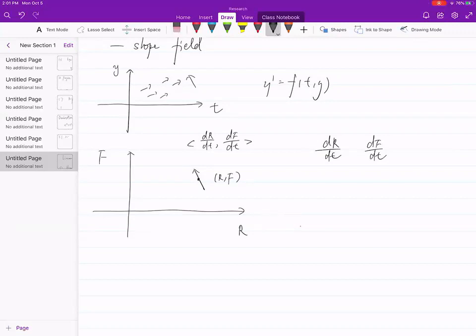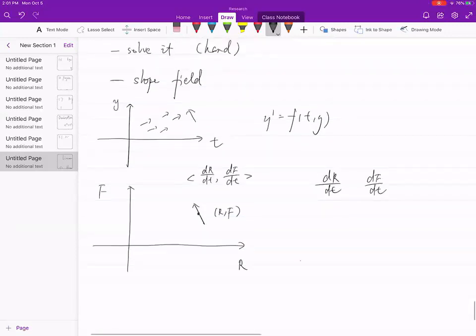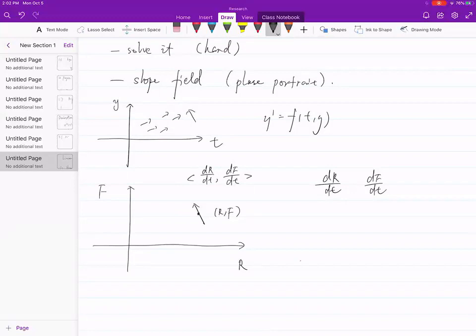We don't call this slope field anymore. We call it the phase portrait, which corresponds to the phase line. All right.